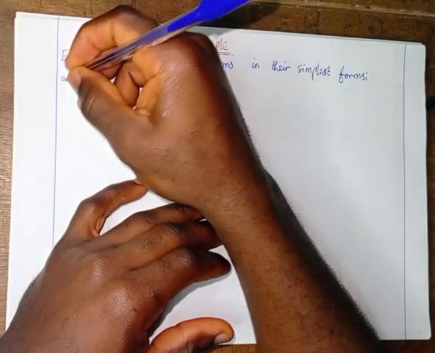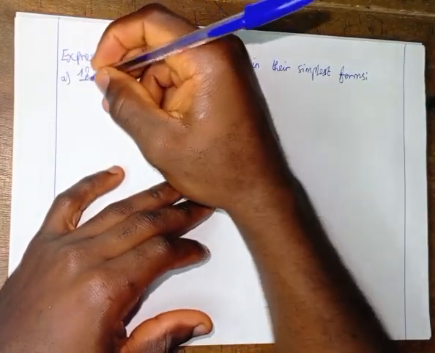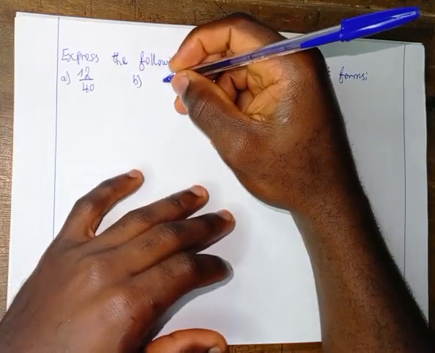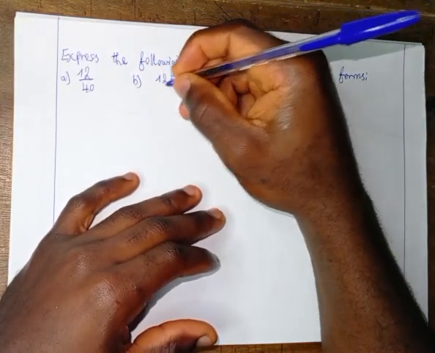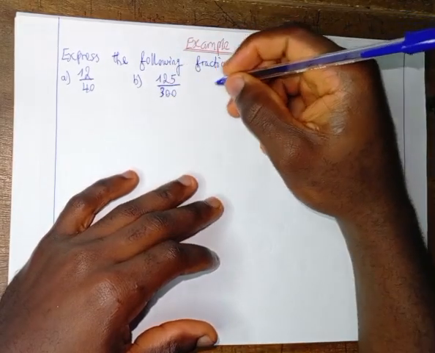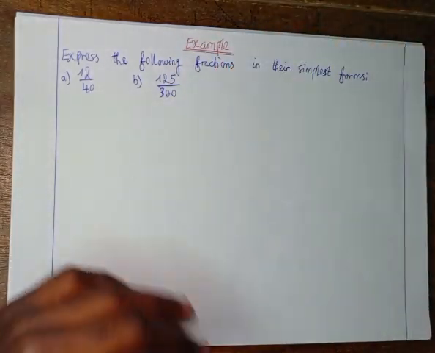For A, we have 12 all over 40. For B, we have 125 all over 300. Take a solution.